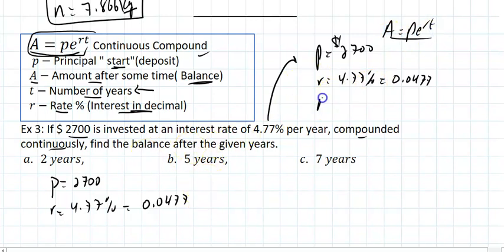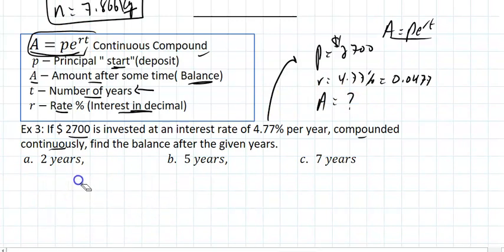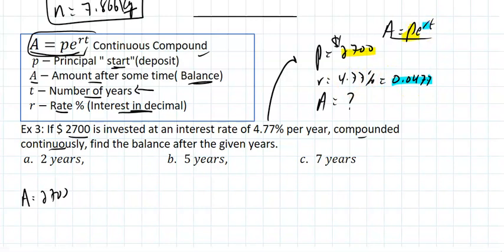Find the balance, find what A is after certain years, and let's see how this works. So this is me using my calculator. In part A, the amount is 2,700, so I'm plugging those in, e to the 0.0477.